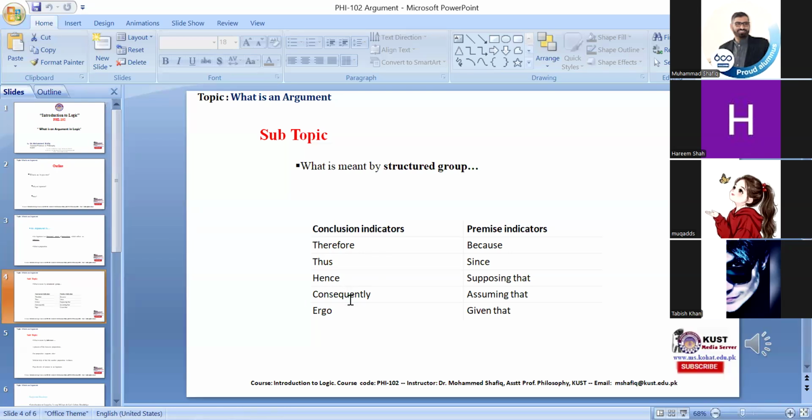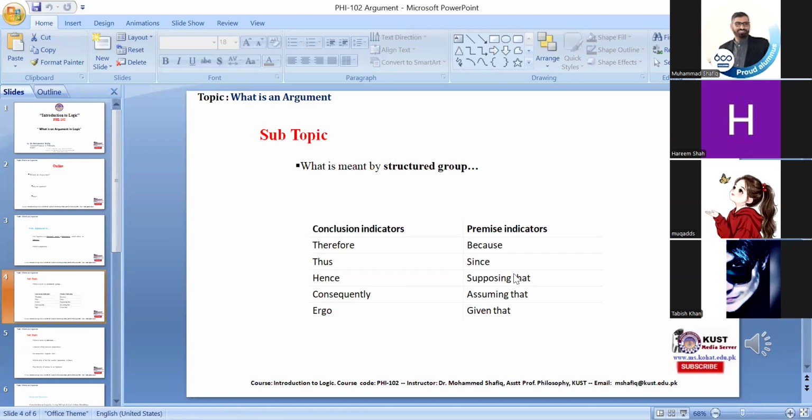There might be more, but these are just examples. The conclusion indicators are therefore, thus, hence, consequently, ergo, so, etc. And the premise indicators are because: because the teacher is not coming, therefore there will not be a class.